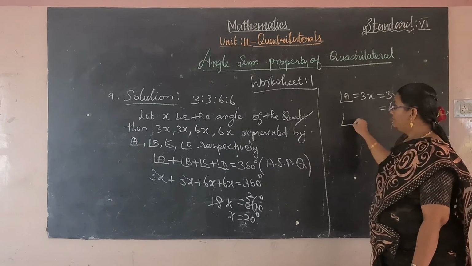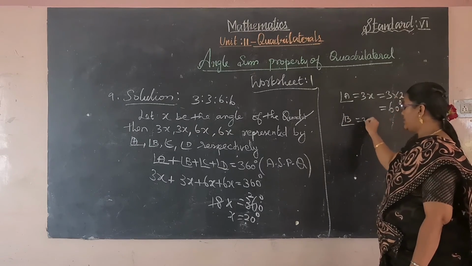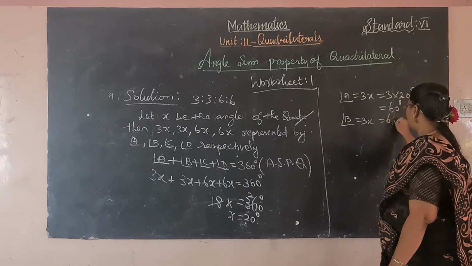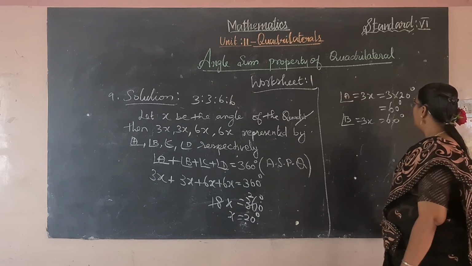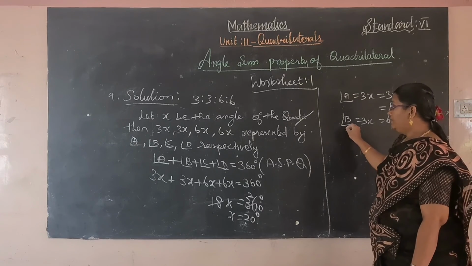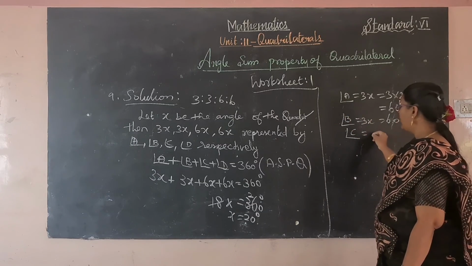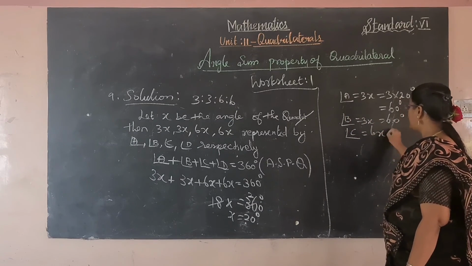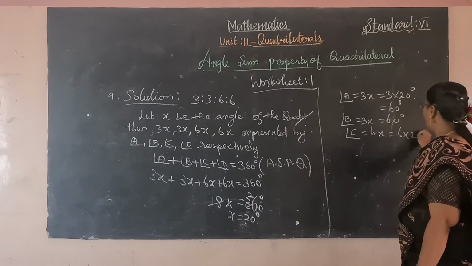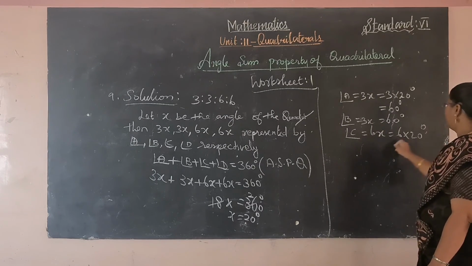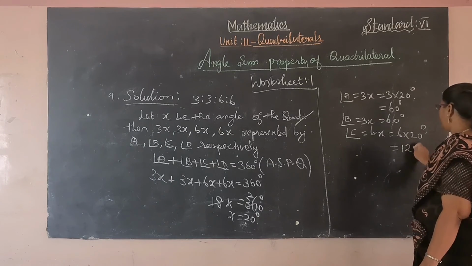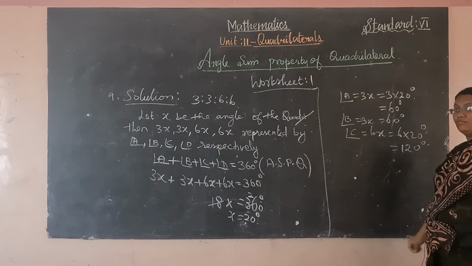Angle B is also 3x, so here also 60 degrees. Then angle C is equal to 6x, so 6 times 20 is 120.